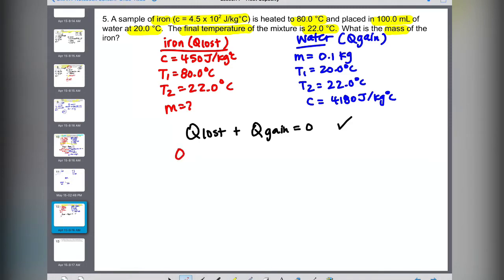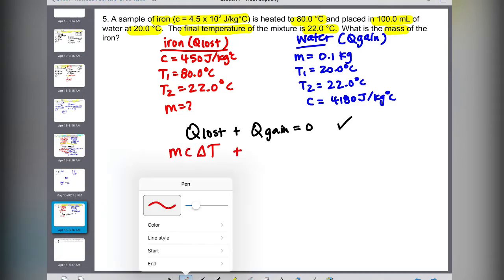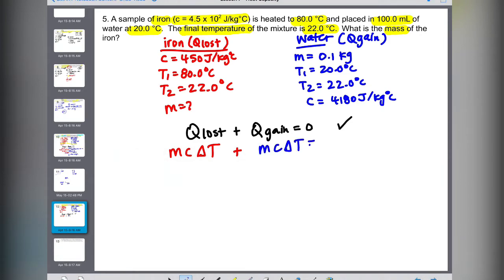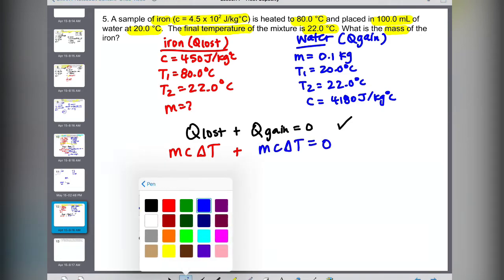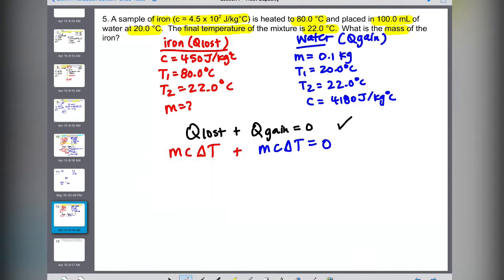I know Q is mc delta T, adding mc delta T. If you get it and you don't need to change color, be my guest. I'm still going to do it one more time just to make sure everybody's on board where things come from. M is what I'm looking for. I look at the list that is red.